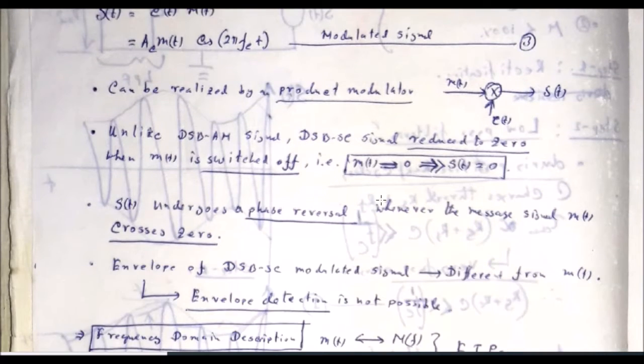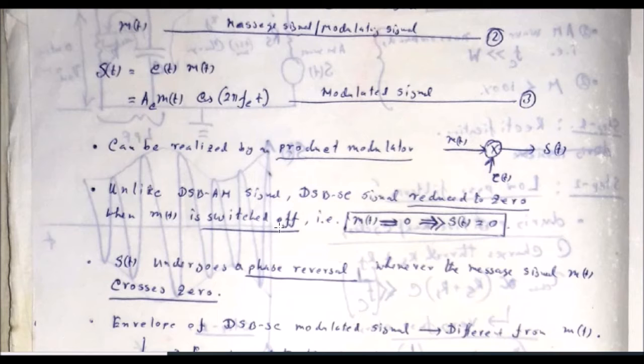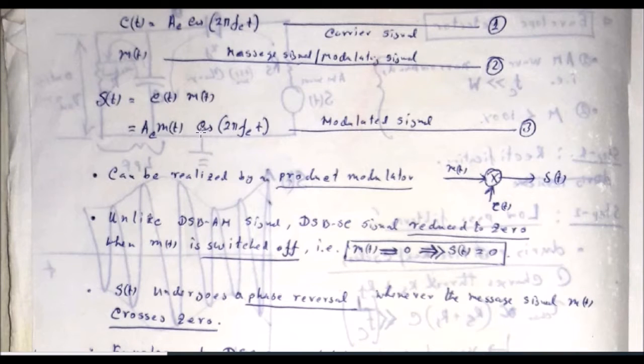Now the DSB-SC signal reduces to 0 when the message signal is switched off. When m(t) is made 0, then s(t) will also be 0. That means by switching off the message signal, there will be no transmission for the DSB-SC system.